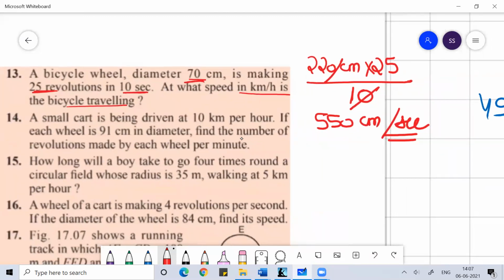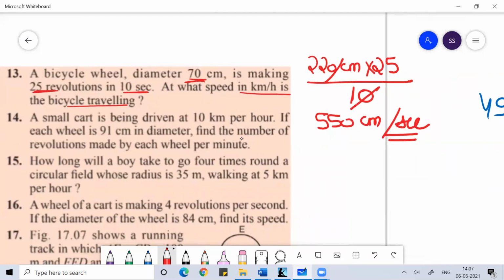I want the speed in kilometers per hour. If I find the speed in meters per second, I can easily convert into kilometers per hour by multiplying that by 18 by 5. So 550 centimeters per second means 5.5 meters per second, correct? Yes, sir.